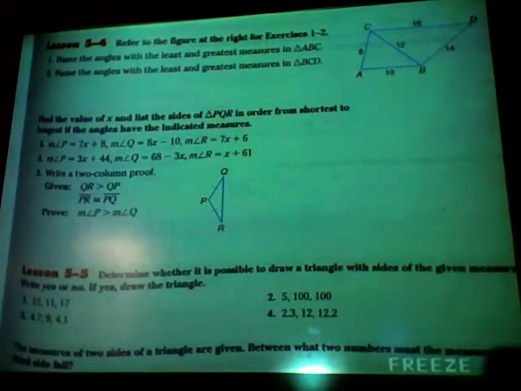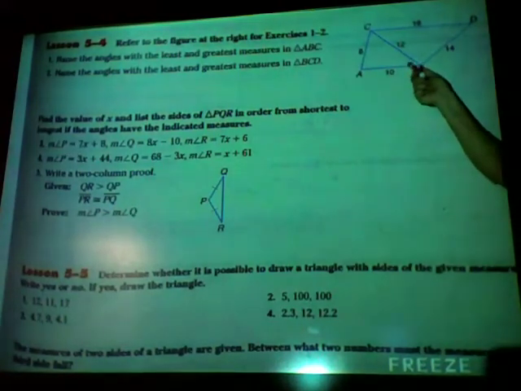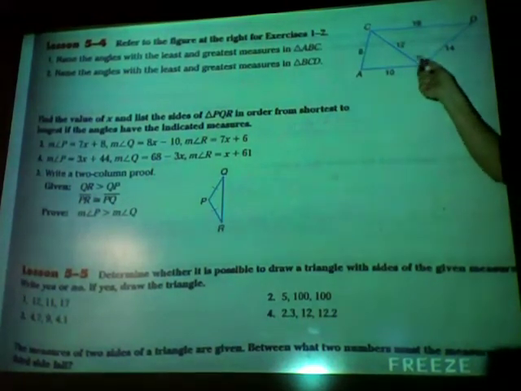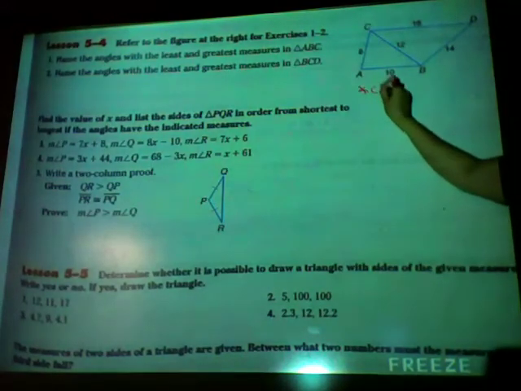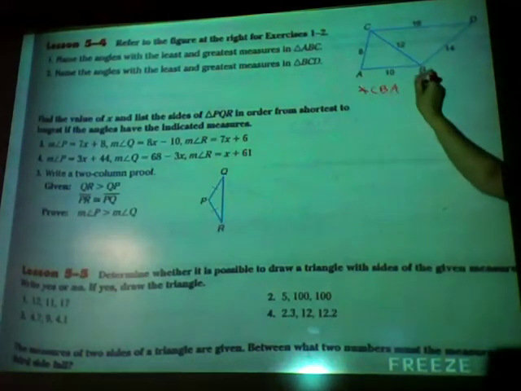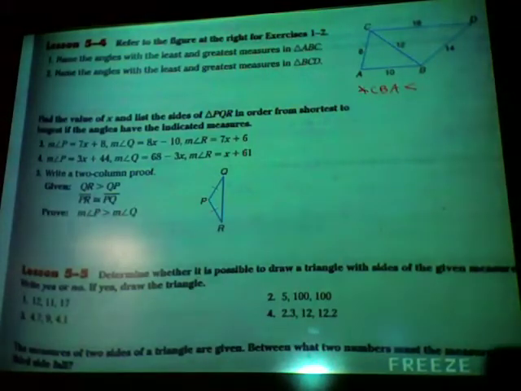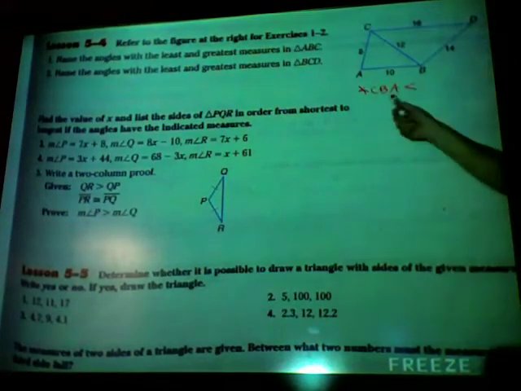So what would be the smallest angle? We can't call this B though, right? Because there's two angles associated with it. What do we call it? CBA. So angle CBA is less than, you have to use inequality signs to show their order. So this is the smallest.